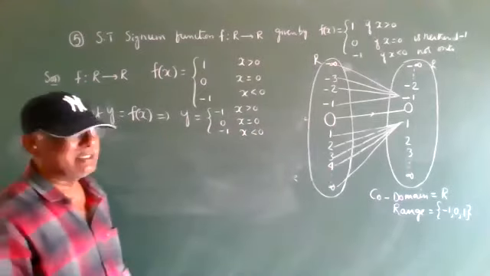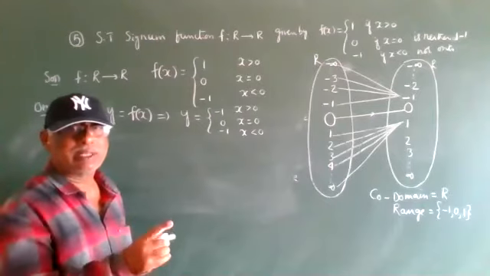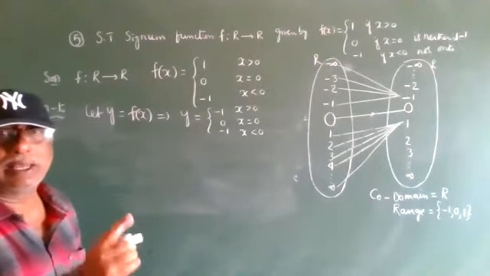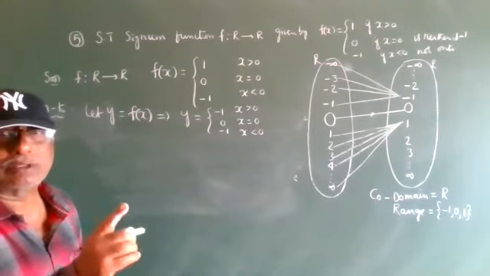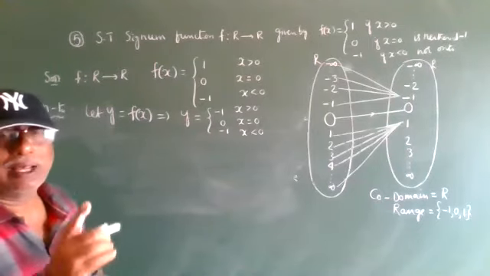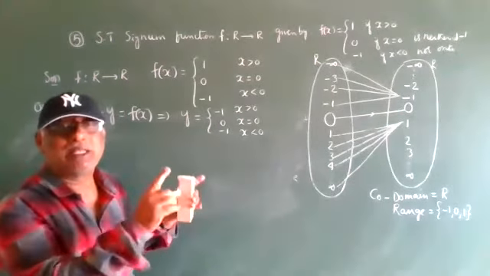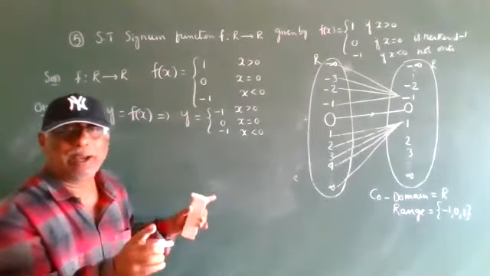So what we say is that the remaining elements, except -1, 0, 1, have no pre-images in the domain.